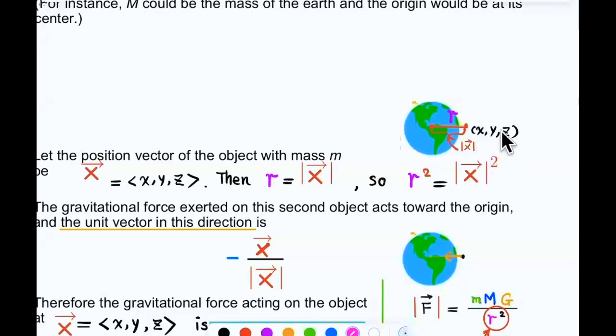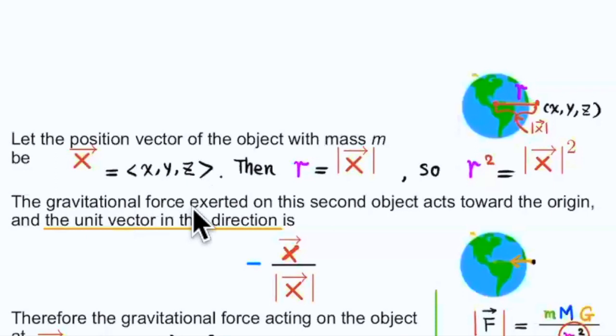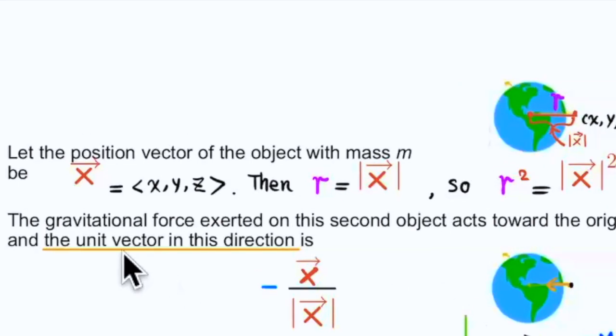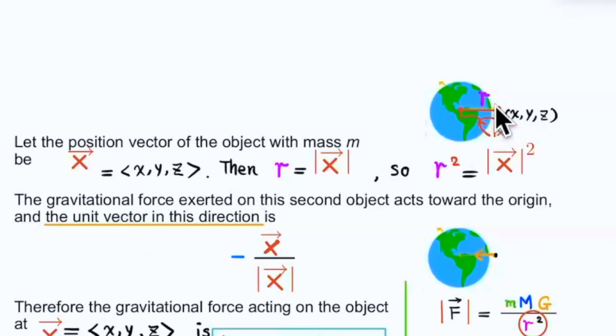So r squared will be the square of this. Then the gravitational force that is acting on the second object over here is toward the center of the Earth, so the gravitational force will be from here and pointing to the center of the Earth.